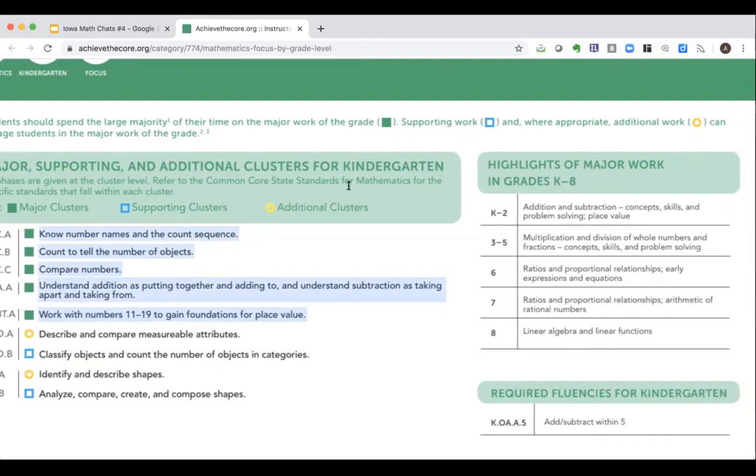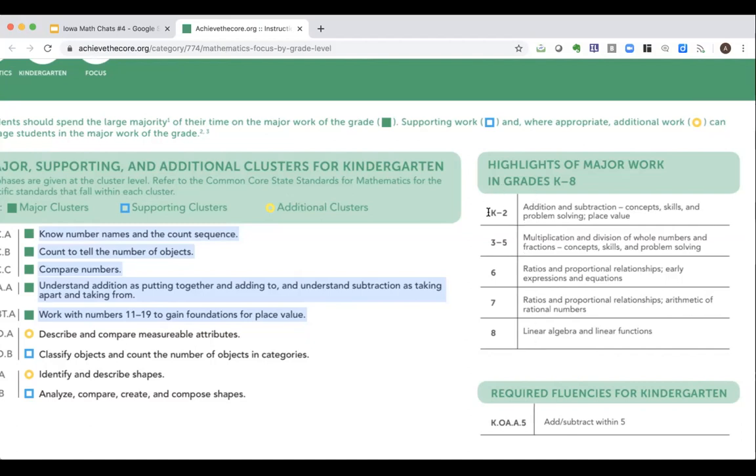But how this connects over here to the major work of the grade is, if you look at this, this is the major work in K-8. This is our pathway to college and career readiness. So if we want students to be college and career ready when they get to high school, meaning that they can take their high school mathematics on pace and not have to take remedial mathematics in college, then we need to make sure that we deliver what's in this pathway here.